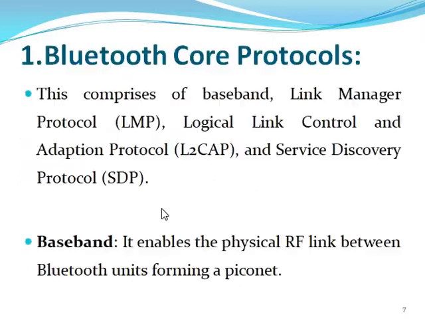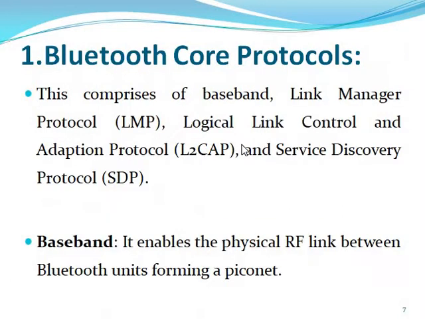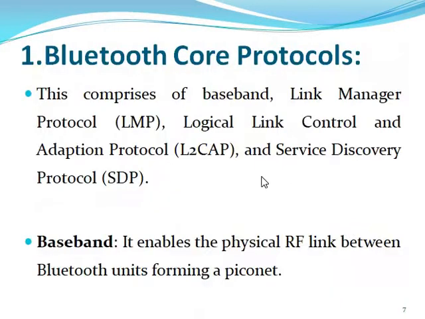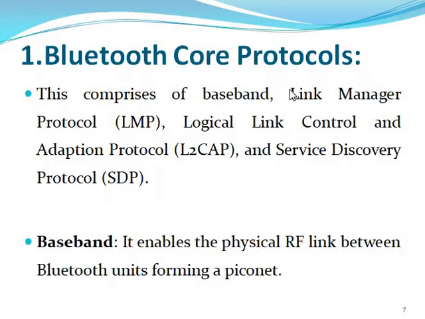Now the first, the Bluetooth core protocol, comprises the baseband, link manager protocol, logical link control and adaptation protocol, and service discovery protocol. So all of these are the basic Bluetooth core protocols.